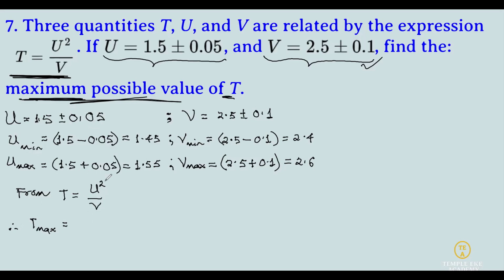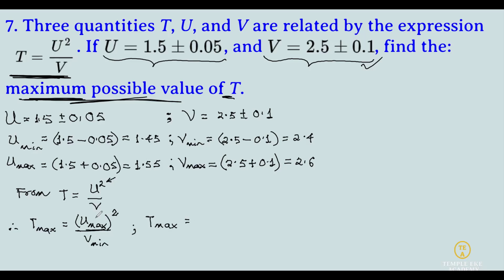Let's see, it's going to be the maximum value of U, which is U maximum. Being in the numerator, we allow it to be the maximum, and we're squaring this according to that power right there. Divided by V, being a denominator, has to use the minimum value. So combining the maximum value in the numerator and the minimum value in the denominator gives us the maximum value of the expression required.